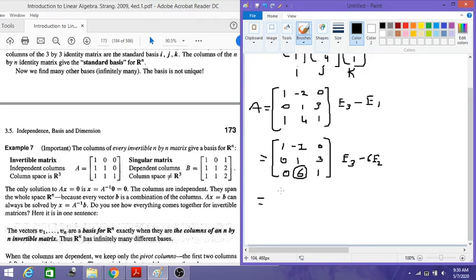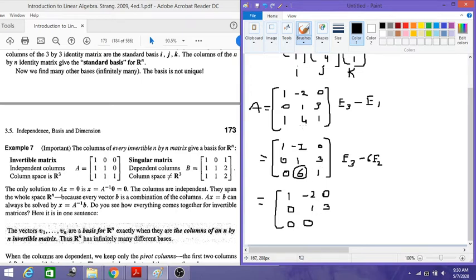So then what do we get is 1 minus 2 0, and then we have 0 1 3, and then this is 0. If you multiply this with 6 and then subtract, I'll get here 0. If you multiply with this 6, what do I get here?